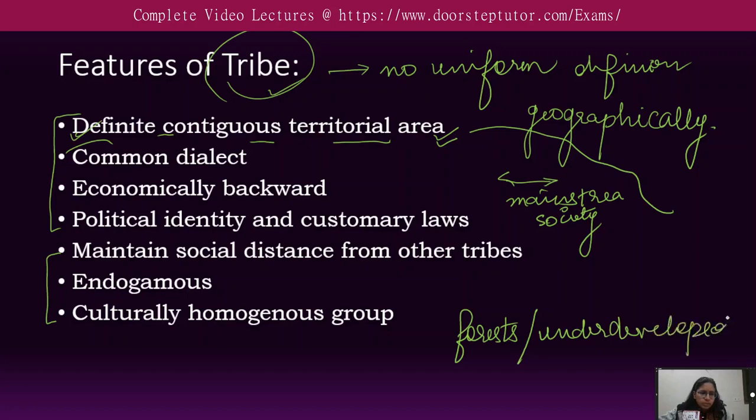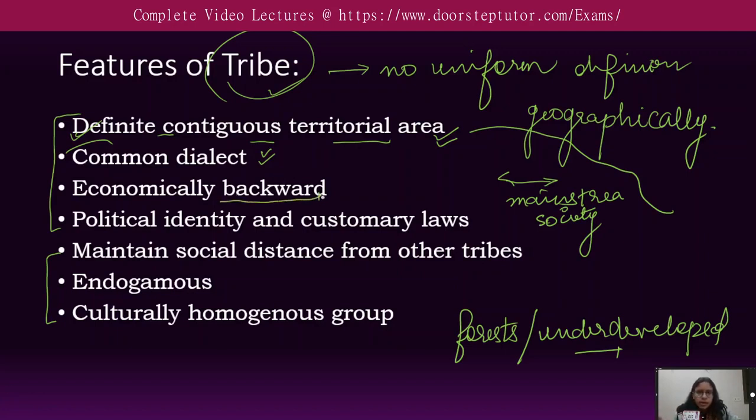Whenever you study a tribe, it is very important to understand them through which part of the physical area they're limited to. And they have a common dialect. Of course, a tribe interacts among themselves through a common dialect.